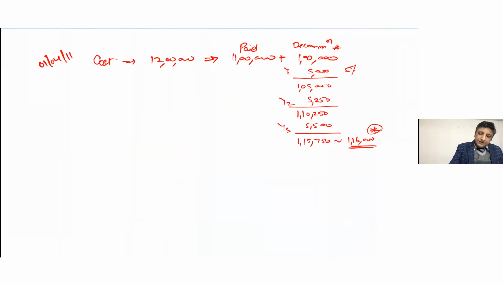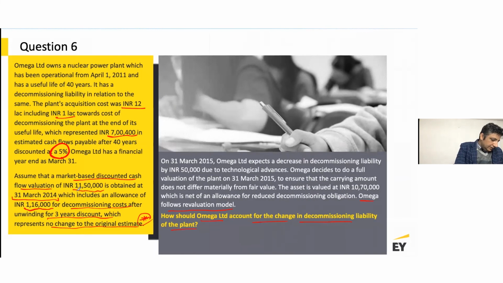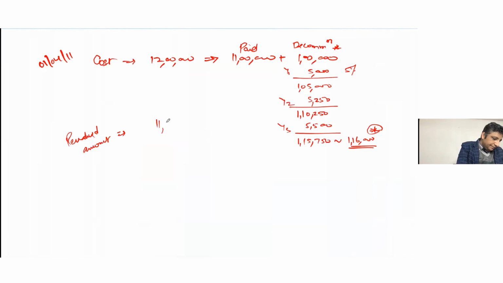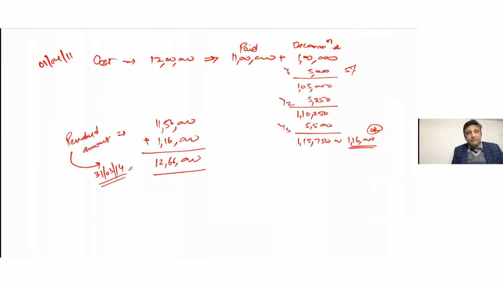Now, if the question suggests that on 31st of March 14, you're doing a valuation of the asset at 1150, including an allowance of 116, that precisely means that the revalued amount is basically 11,50,000 plus 116,000, which would be 12,66,000. This represents the revalued amount on 31st of March 2014.